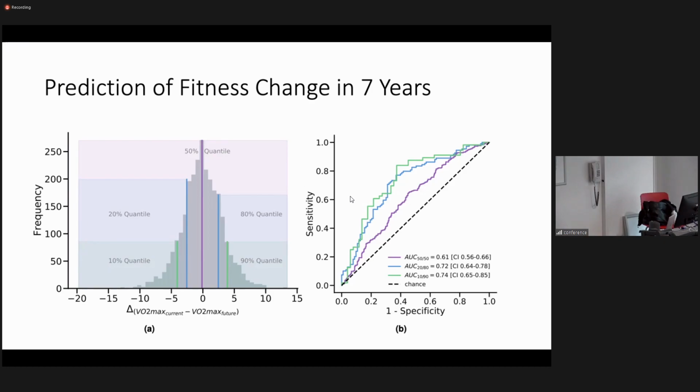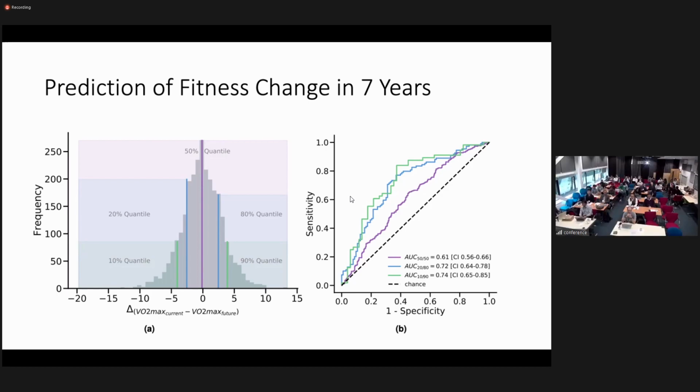So this is again the same problem, different graph. On the x-axis here, we have the difference between current and future VO2 max. So this is the kind of ground truth somehow. And what we can see, this is the sensitivity specificity ROC curve, AUC curve.